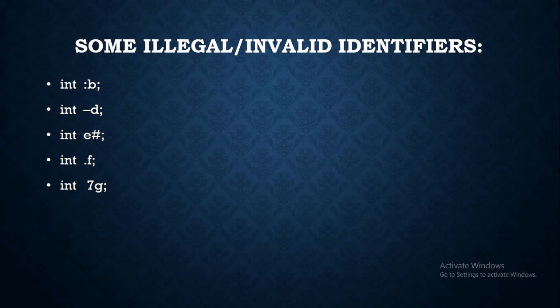Other than that, we can't. And dot f, dot we also can't use. 7g, we can't use any digit at the start. So these are invalid variable names. Sometimes we make names like that and feel, oh my god, the program is not running. So I felt it is important for you to know this.